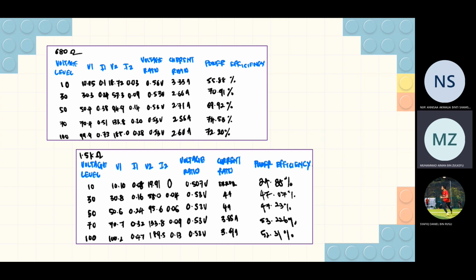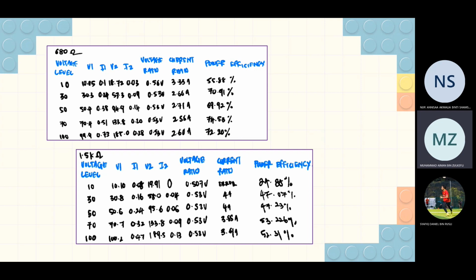So the current ratio is error. The power efficiency for voltage level 10 is 24.88%. 30 voltage level, V1 30.8, I1 is 0.16, V2 is 58.0, I2 is 0.04.